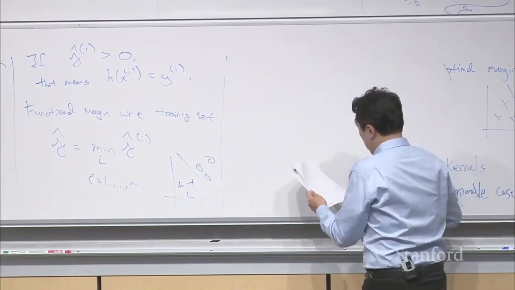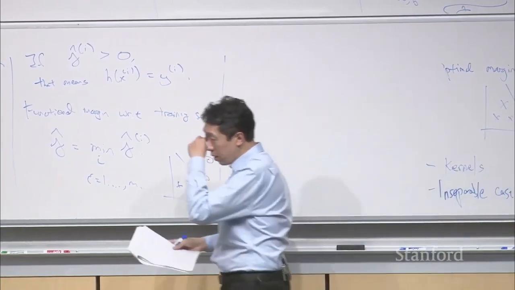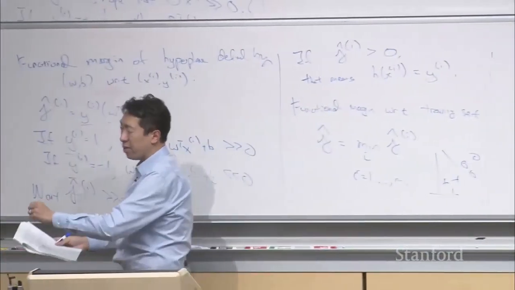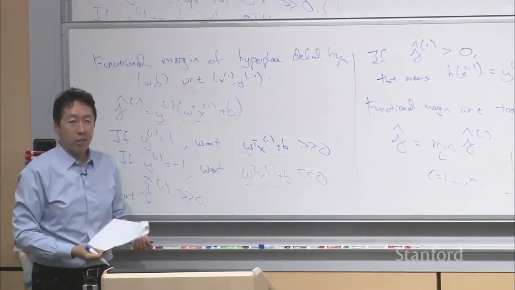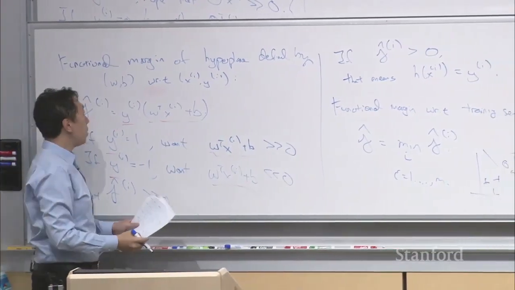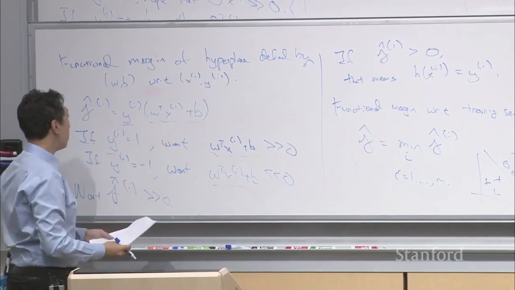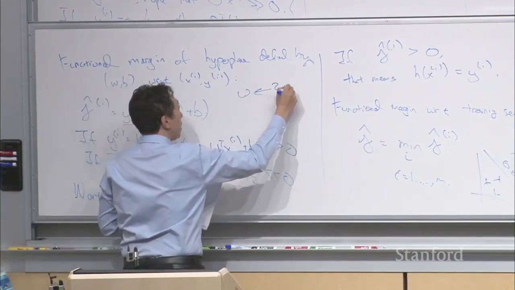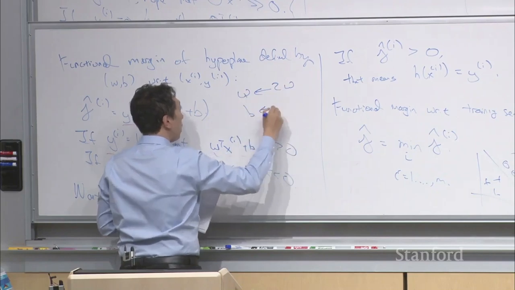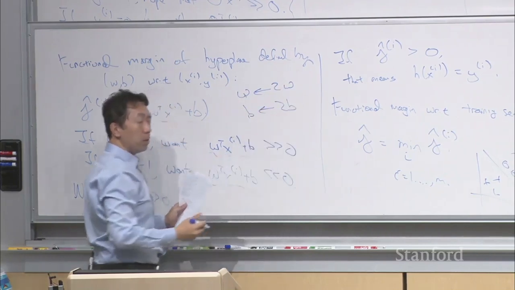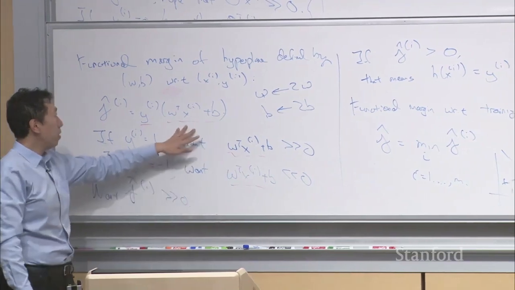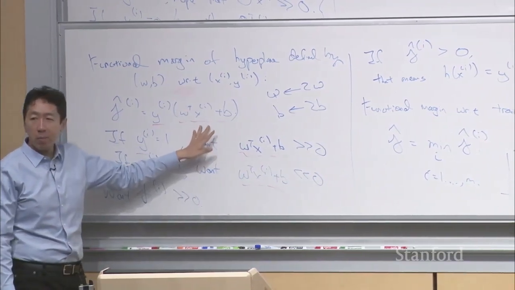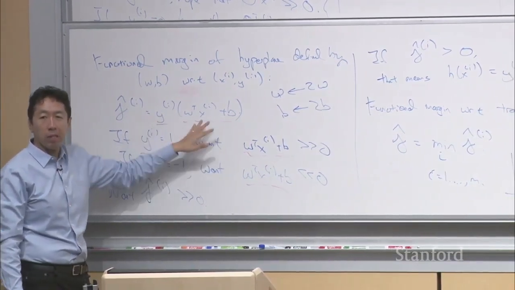Now, one thing about the definition of the functional margin is it's really easy to cheat and increase the functional margin. If you look at this formula, if you take W and multiply it by 2, and take B and multiply it by 2, then everything here just multiplies by 2, and you've doubled the functional margin.